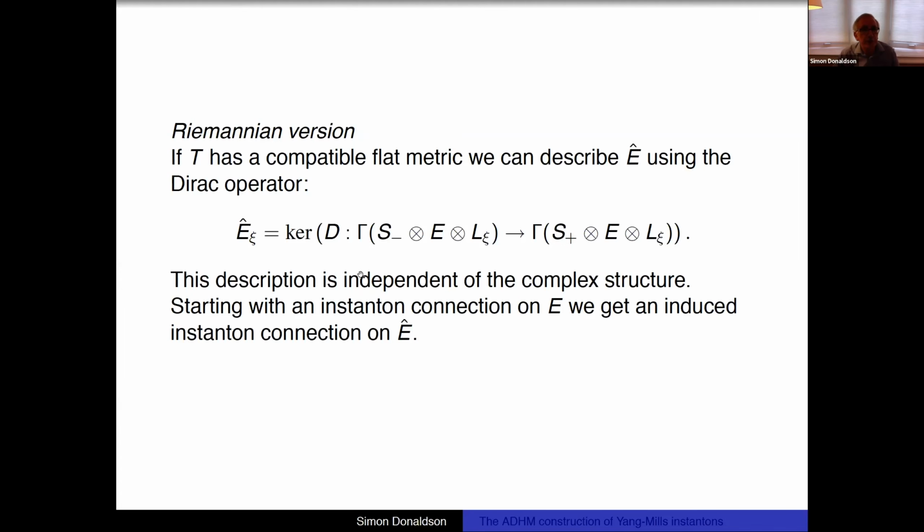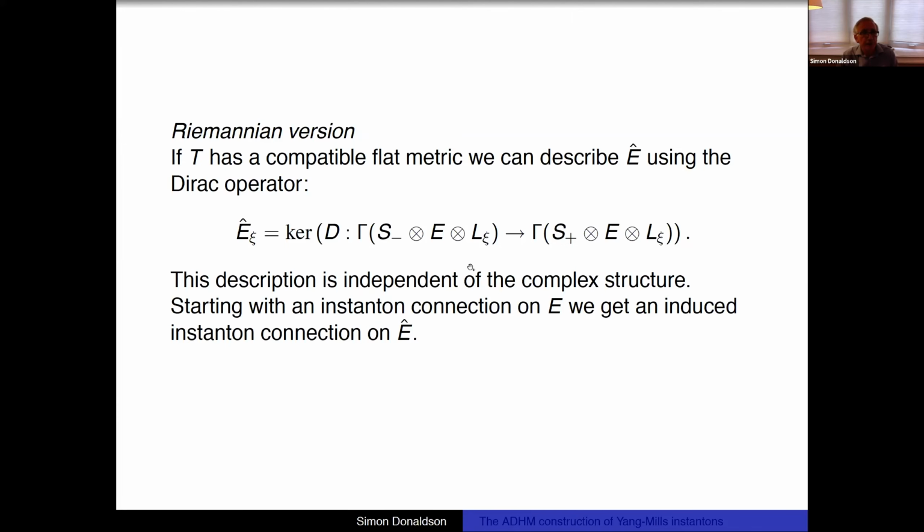We take the Dirac operator mapping coupled negative spinors to positive spinors, but all twisted with this line bundle L psi. And the kernel of that, by well-known standard results, can be identified with the H1 in the previous setting. So this description is independent of the complex structure.